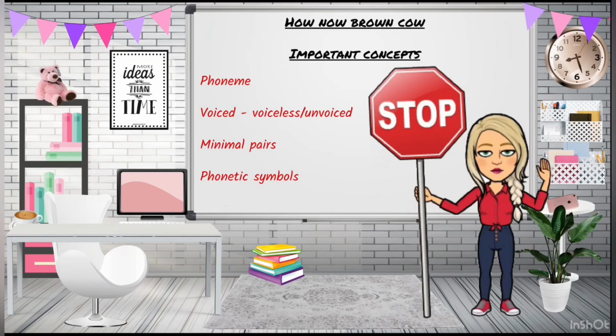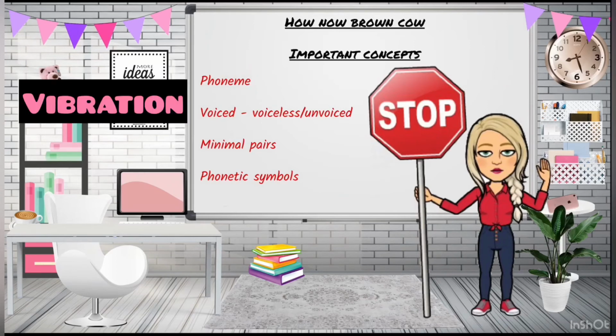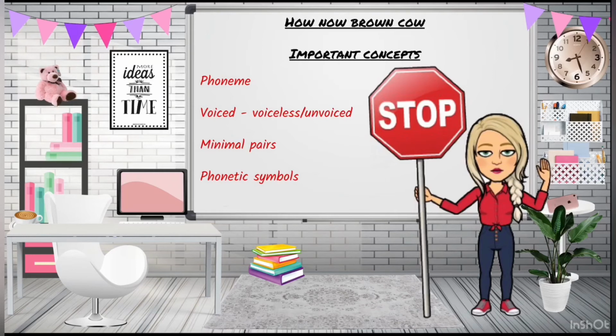Okay, another important concept is the concept of voiced or voiceless or unvoiced. The terms voiced and voiceless are related to the air that goes out through our mouth or through our nose when we produce a sound. So when we say that vowels are always voiced, what we mean is that the sound is produced fully with the vibration of all the vocal cords, and this sound is shaped by the tongue and lips.